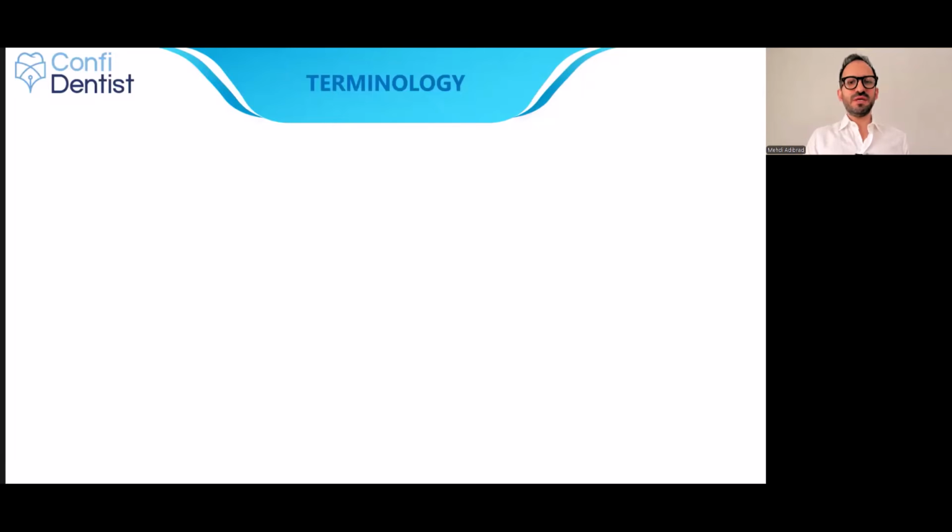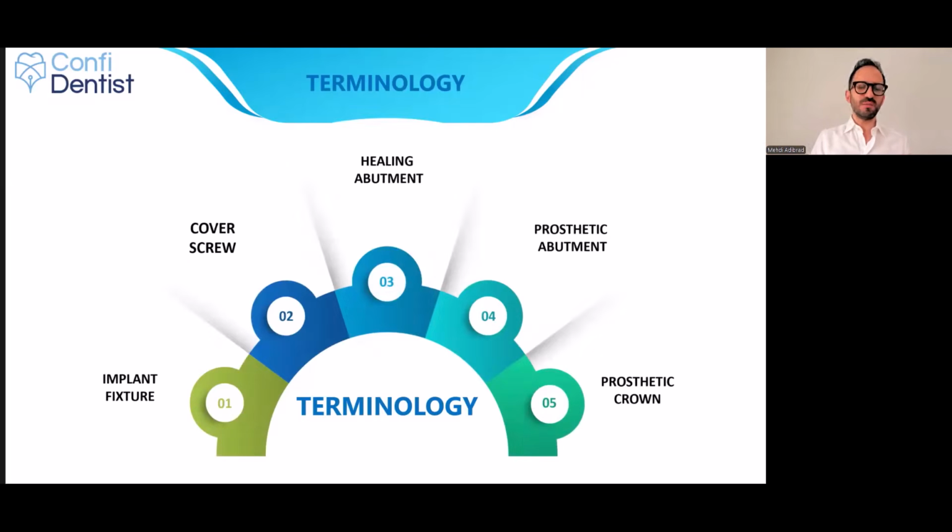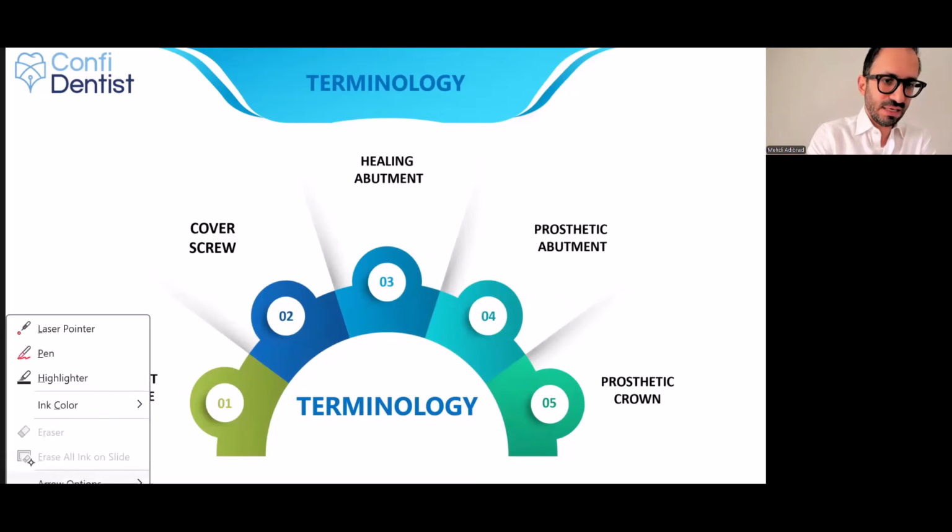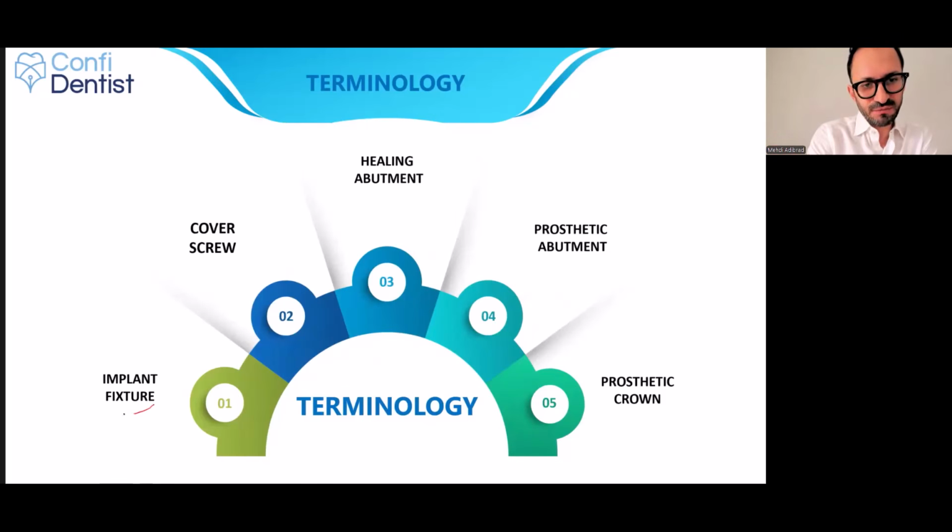So let's begin. First thing first, we have to start with the terminology. There are some important components of the implant that you are already familiar with. I'm going to go over and review to just refresh your mind. Obviously the most important thing that we should start with is the implant fixture, which is placed at the time of surgery.